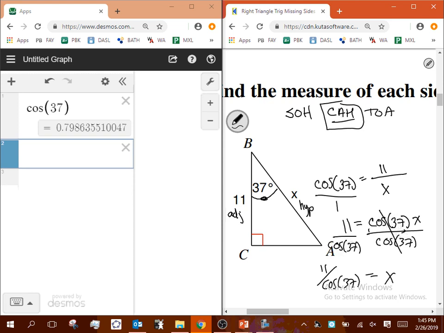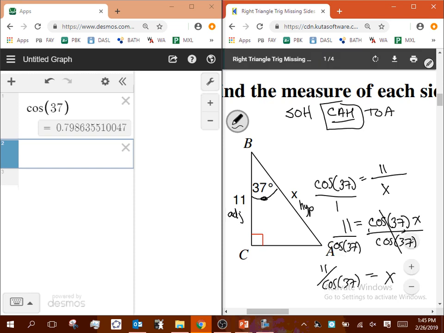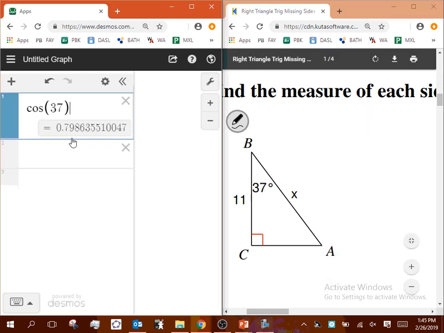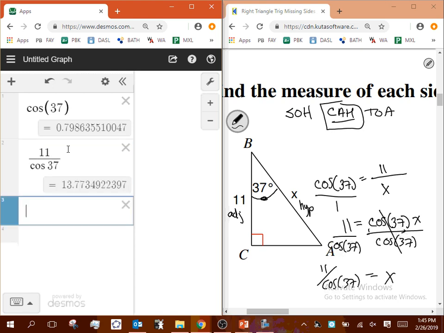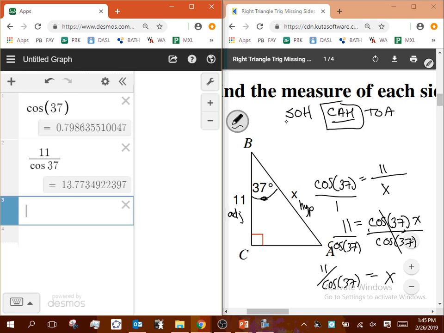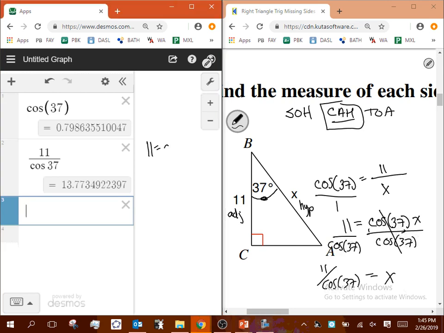Okay? Now here is the way that we traditionally talk about, oh, wrong button, cosine 37. So that's that distance. We had 11 equals, I wrote it as cosine 37 times x, right? If you put parentheses around your argument here, around that angle measurement, this is perfectly fine to write this way.